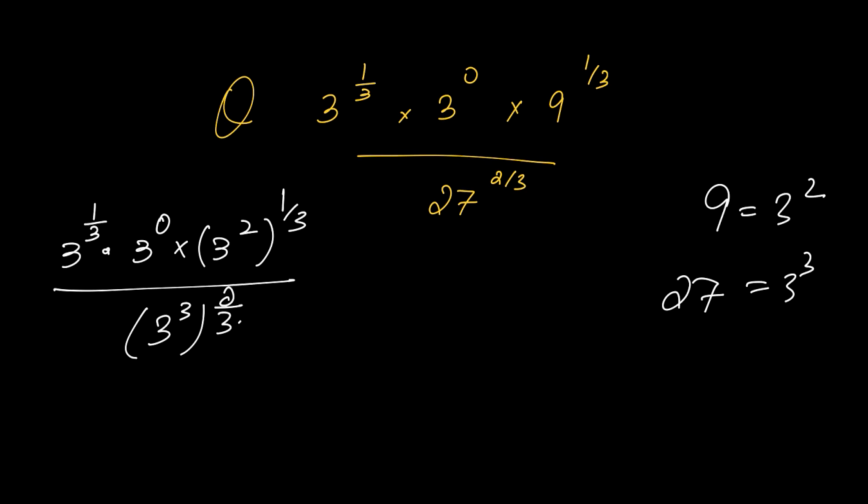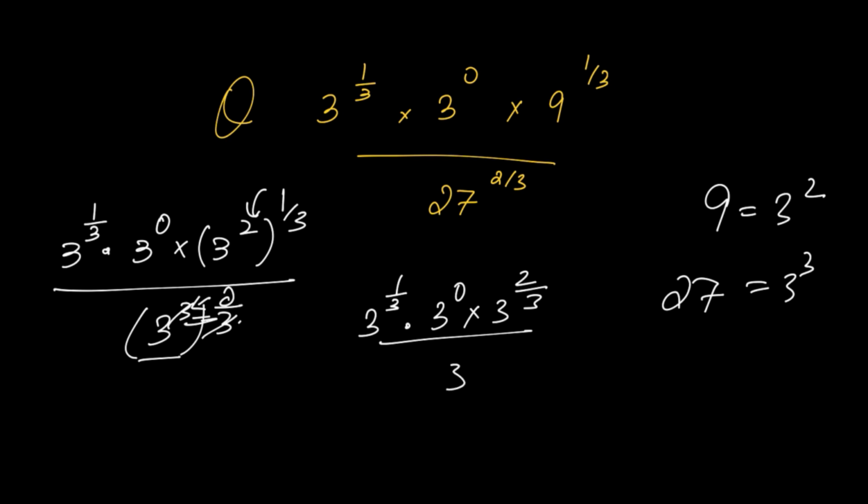Now if we simplify, this 3 gets cancelled with this 3, because remember when this had a power, these two powers multiplied. Similarly with this one, it will multiply, and this will give us the result 3 to the power 1 upon 3 into 3 to the power 0 into 3 to the power 2 upon 3 to the power 2, because 3 and 3 got cancelled in this one.